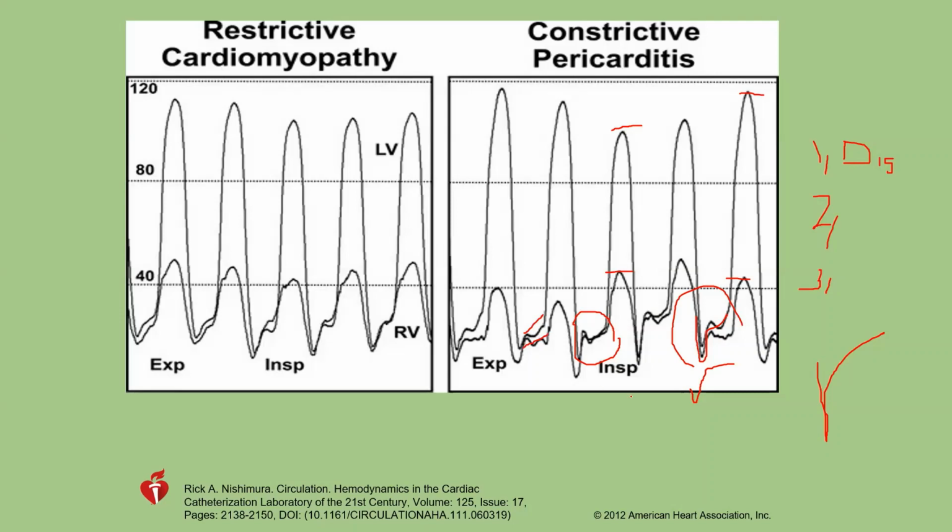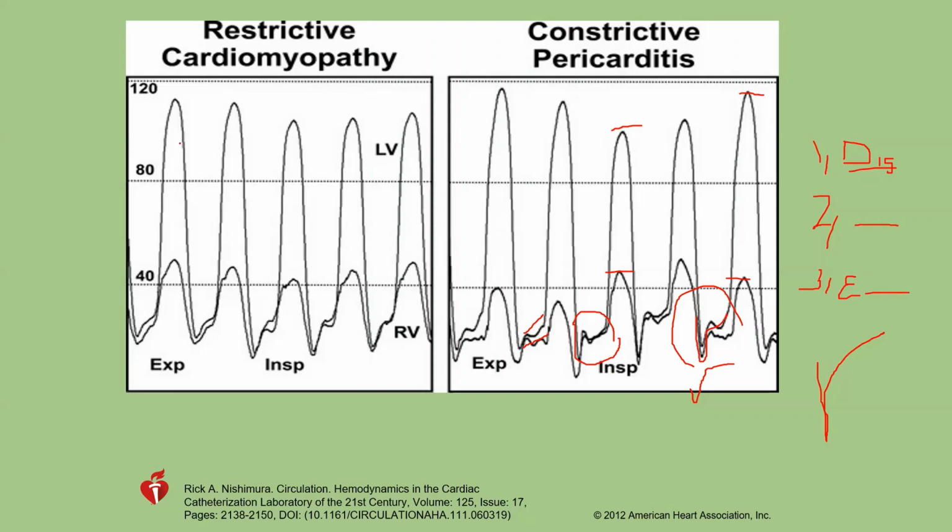But this equalization of the diastolic pressure of the two ventricles is because now both of them are encased in a tough pericardium, so their diastolic pressure becomes nearly equal. Okay, so this is equalization of diastolic pressure. So the discordance, the dip and plateau, and the equalization of diastolic pressures.